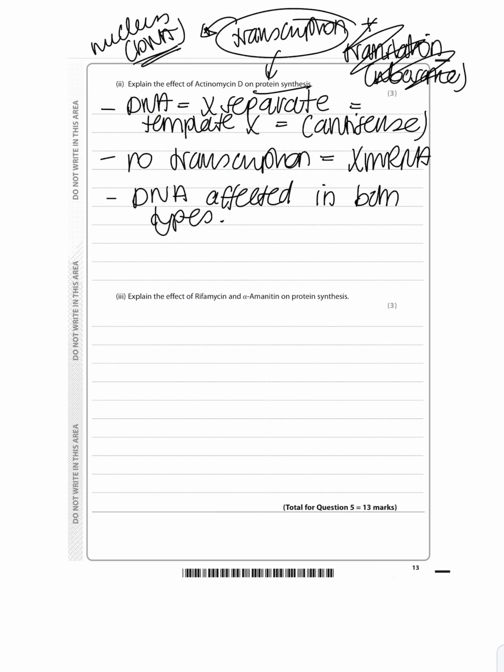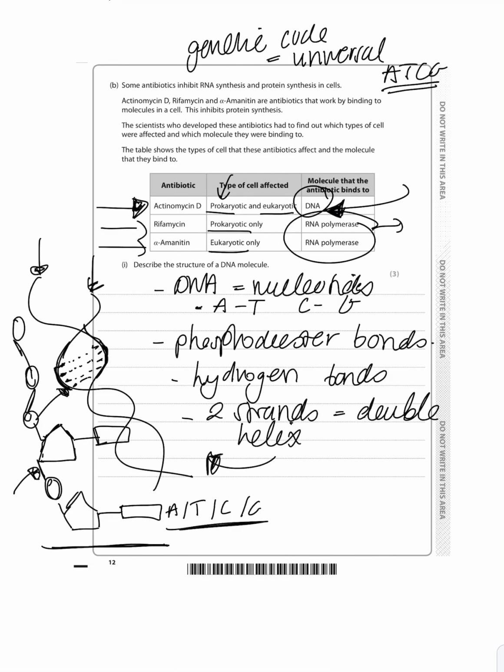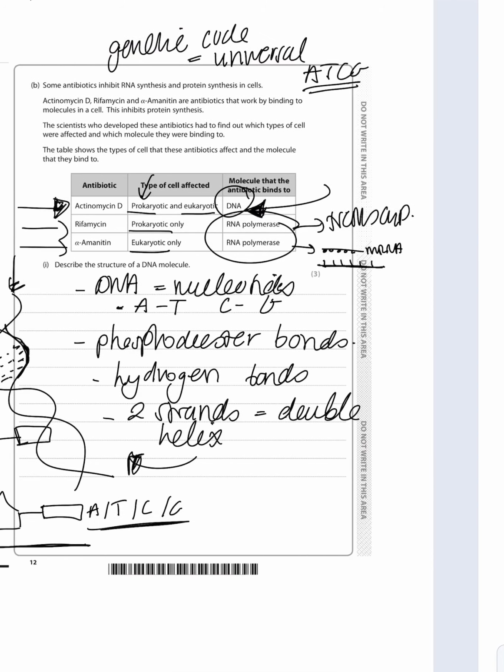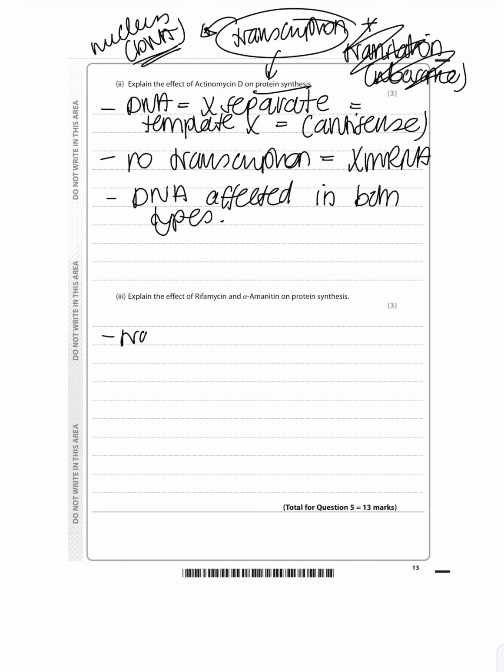So, we know that RNA polymerase is involved in transcription, because that's the enzyme that, if this is our antisense strand, and we're forming the mRNA here, is responsible for creating the mRNA strand. And so if the RNA polymerase is affected, that means transcription is inhibited. And so you have no mRNA strand.